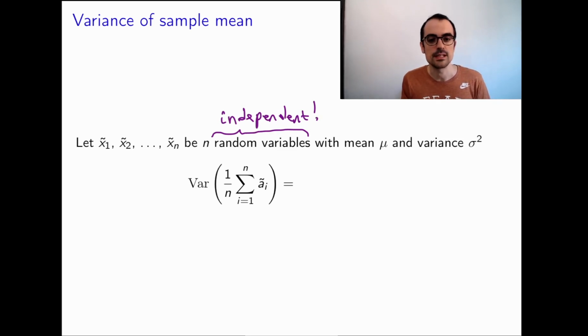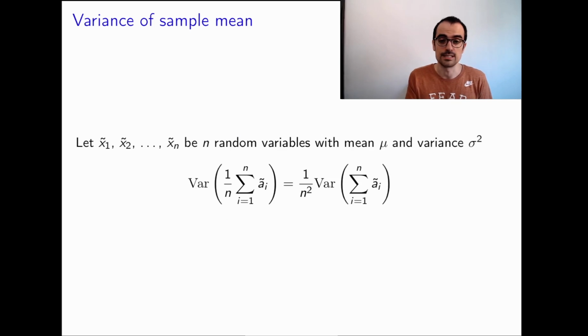So what happens if we take the variance of the sample mean of n independent random variables? Because they're all independent, first we're going to take this guy out before considering the sum. Remember that when we multiply a random variable by a constant and we take its variance, the variance is multiplied by the square of the constant, because the variance is just the expectation of a squared quantity.